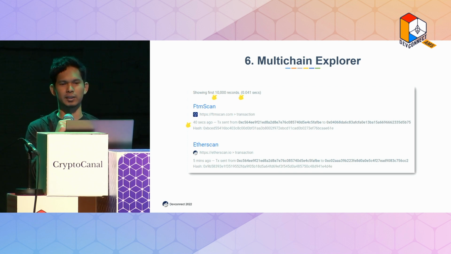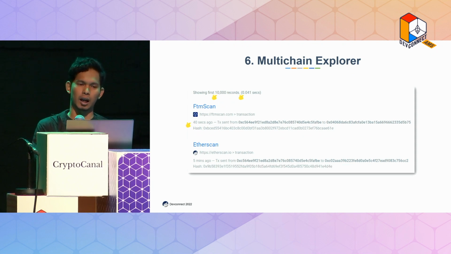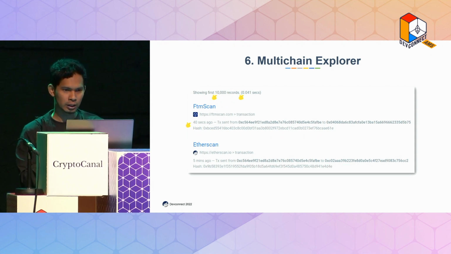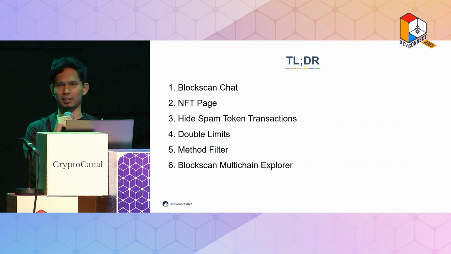We do it within 0.1 seconds, and we should be showing the transactions up until a minute ago. So any transactions that have been done within or after a minute, we should be showing on the Blockscan transaction page. So that's a bunch of features that we've done over the 3 months or so of 2022.